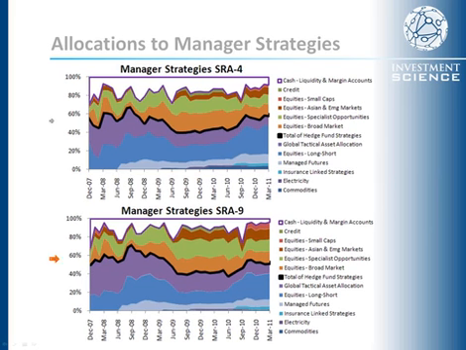On this slide, I show how the manager strategies have varied over time since inception. A couple of points to note: first of all, these charts look roughly the same. We've got a low volatility, basically capital stable fund risk equivalent for the SRA 4, and a high volatility, basically a growth risk equivalent for the SRA 9, but the allocation to the manager strategies is basically the same.